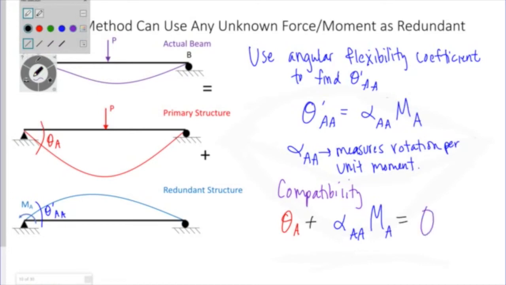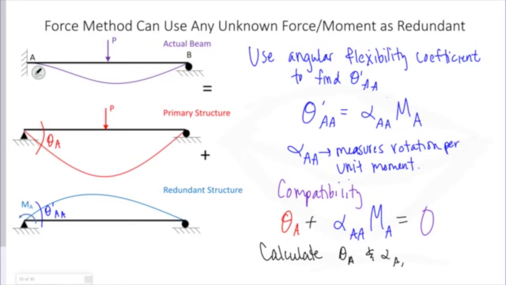Now before we calculate our displacements, we're going to calculate our angles and that angular flexibility coefficient. Now I have one equation, one unknown.